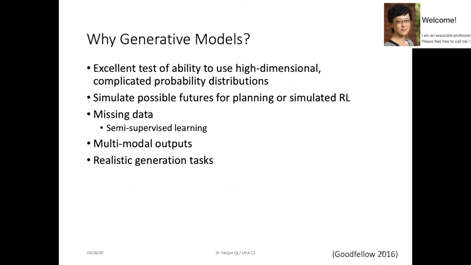Essentially, why do you need a generative model? People talk about using generative models to do imputation for missing data, to do simulation for maybe planning for RL, or some other kind of model output. But so far, most people are very fascinated by the realistic generation task.